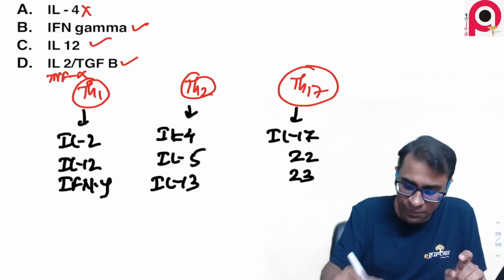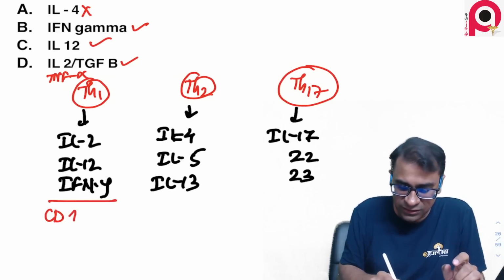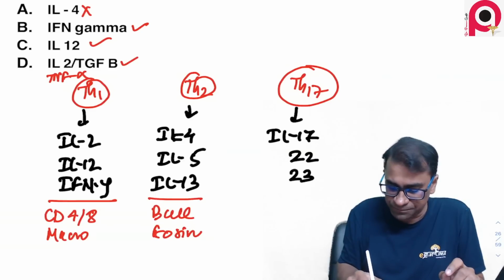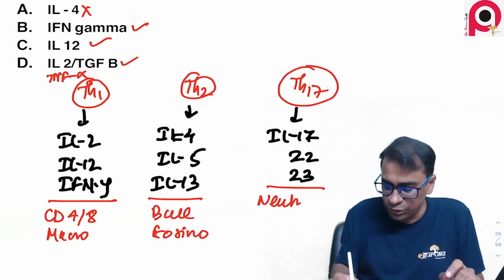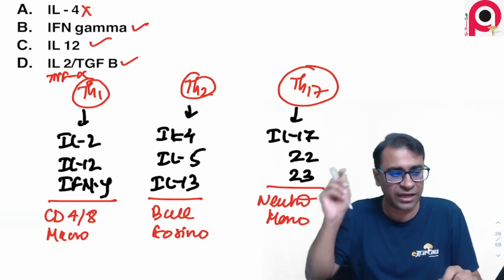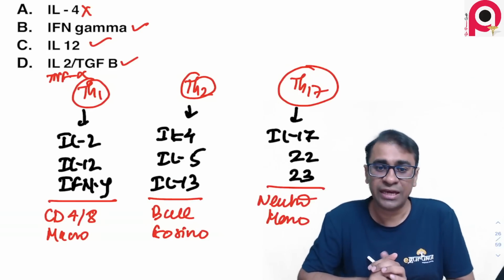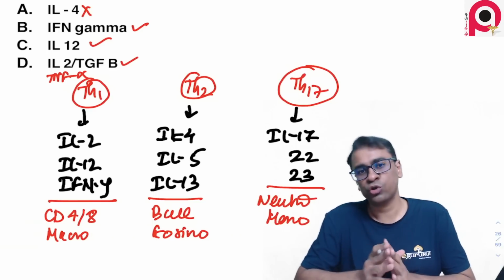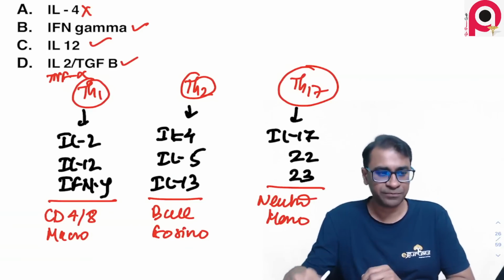The question can be repeated next year: this activates CD4 cells, CD8 cells and macrophages. This activates B cells and eosinophils, and this activates neutrophils and monocytes. If the question is about TNF alpha, that should also not be in the right answer.